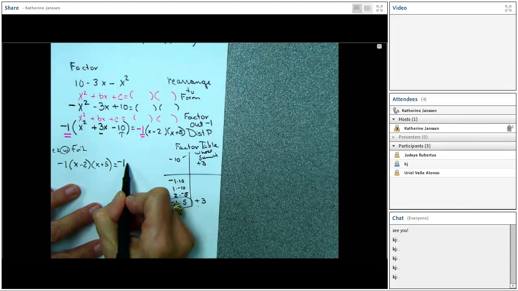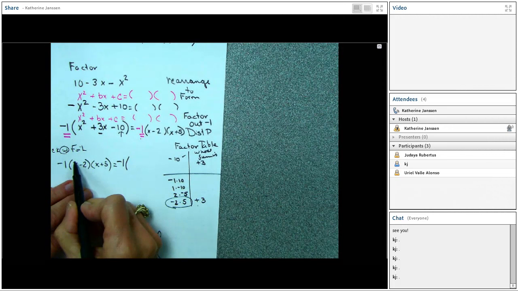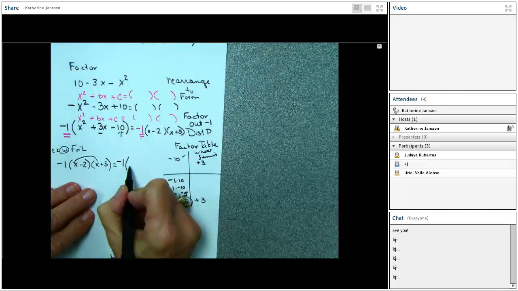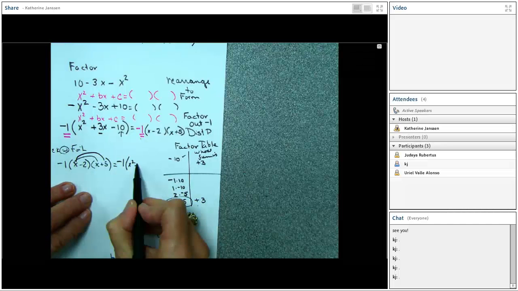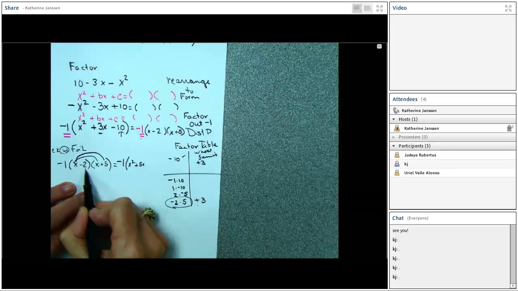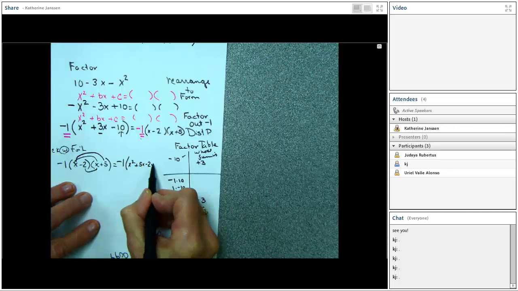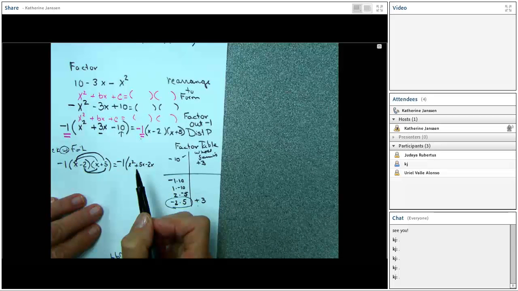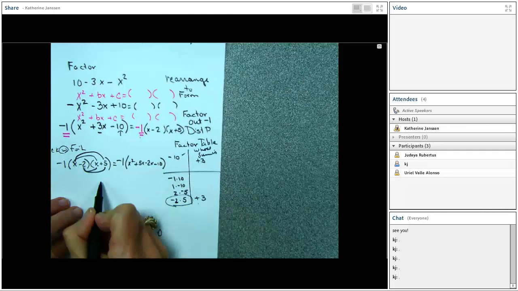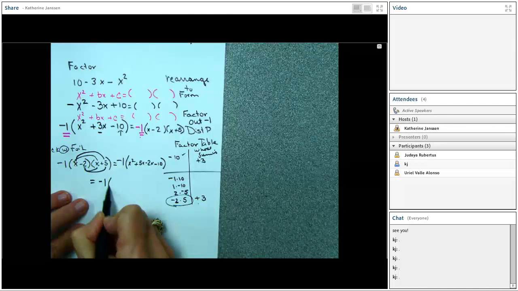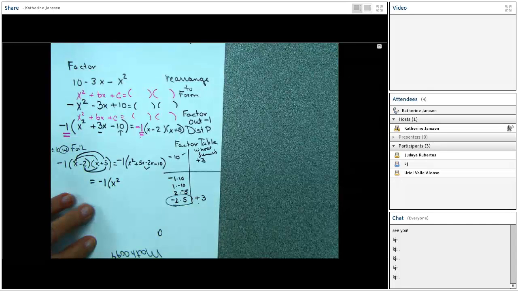So I have a negative 1 times x with FOIL would be x squared. Outer terms would be a positive 5x. Inner terms is going to be negative 2x. And my last terms, negative 2 times 5 is a negative 10. So negative 1 times x squared, we expect we can collect those like terms in FOIL.